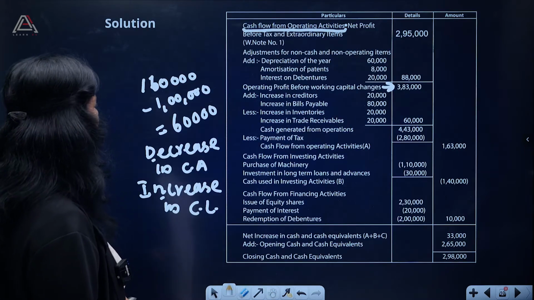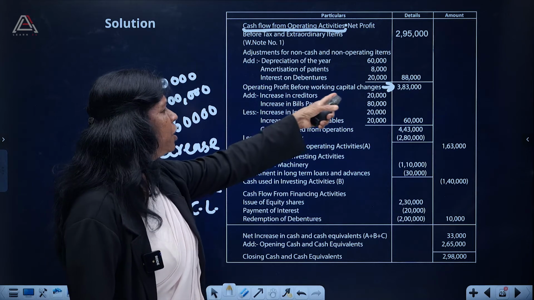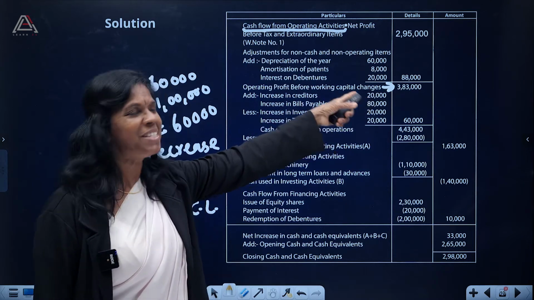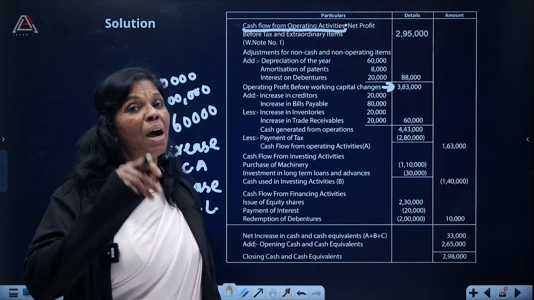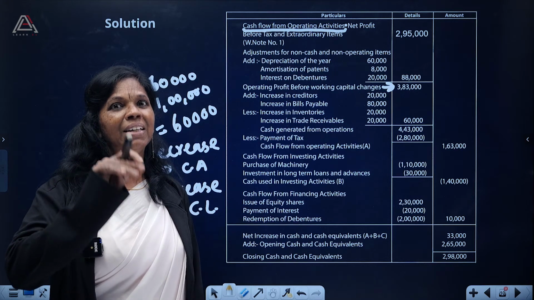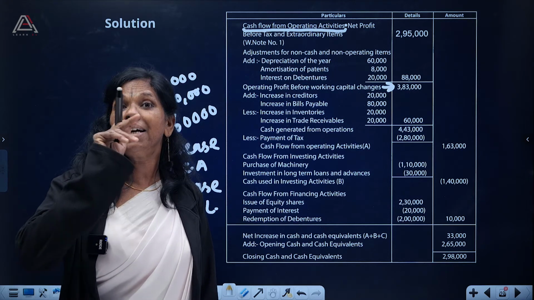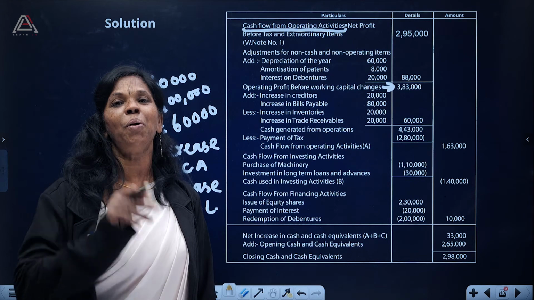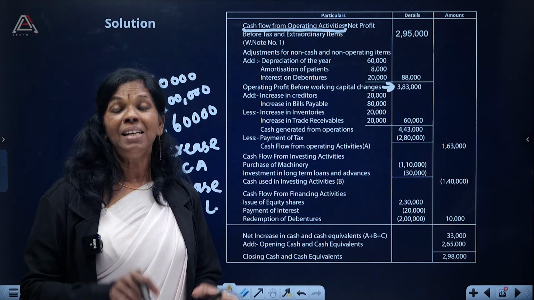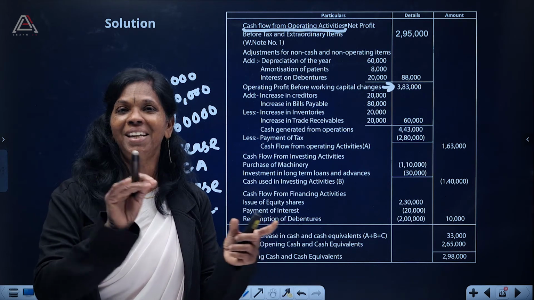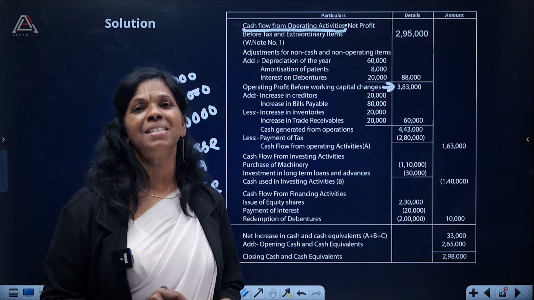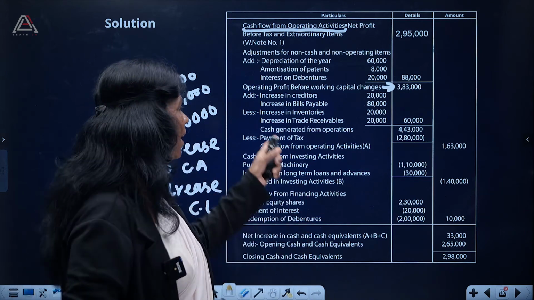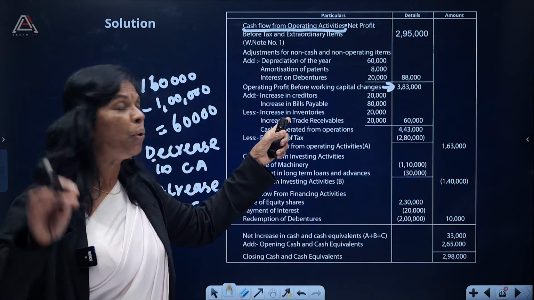So see, operating profit before working capital changes. Along with that, what are the items we have to add? Decrease in current asset. I already told you, in our problem we don't have a decrease in current asset. Our current assets have increased, so that item we don't have.